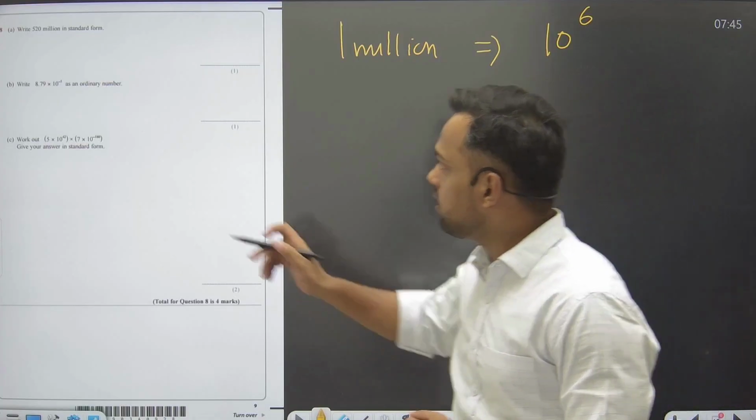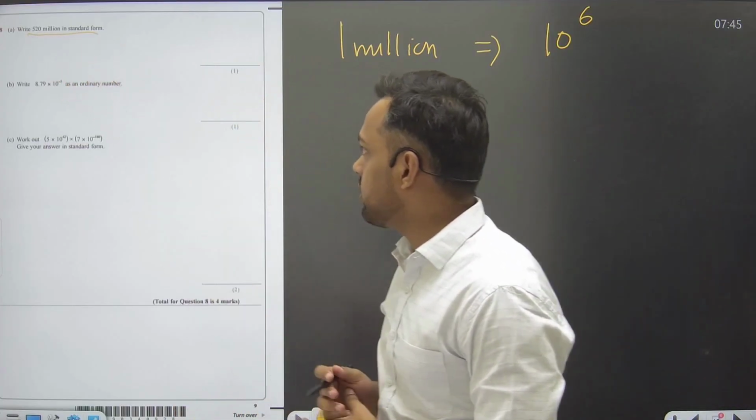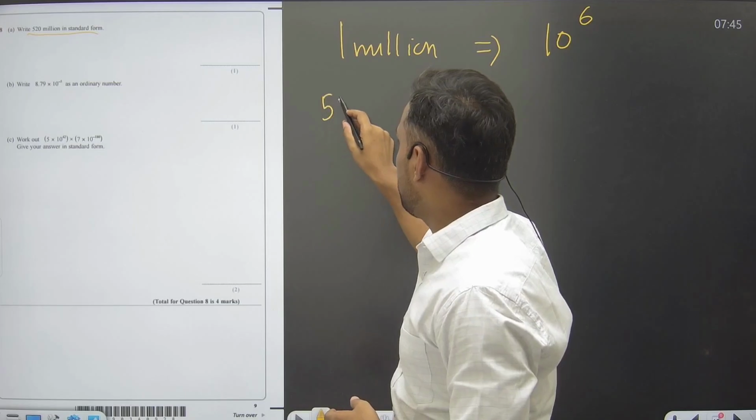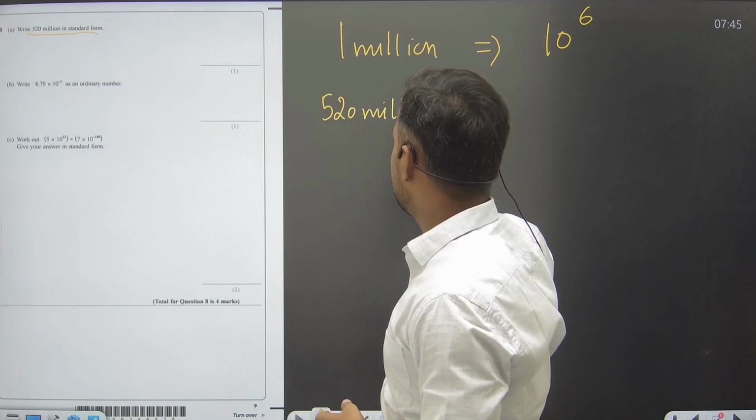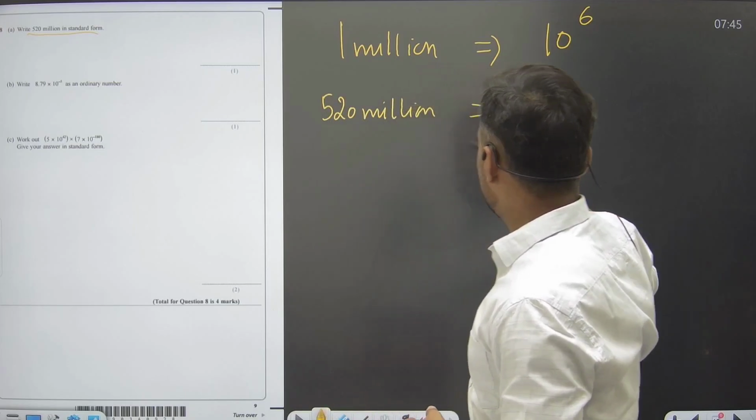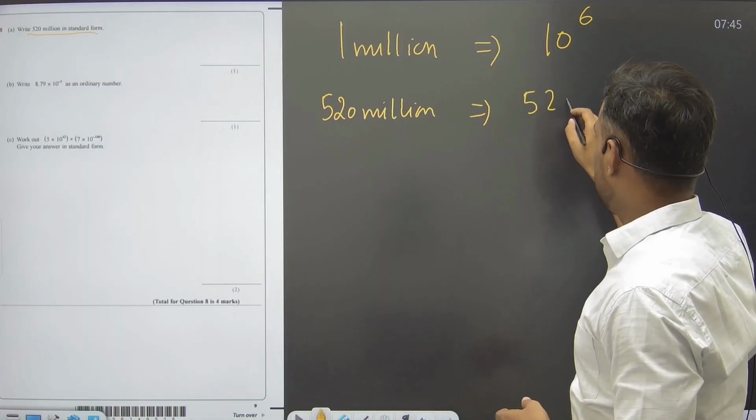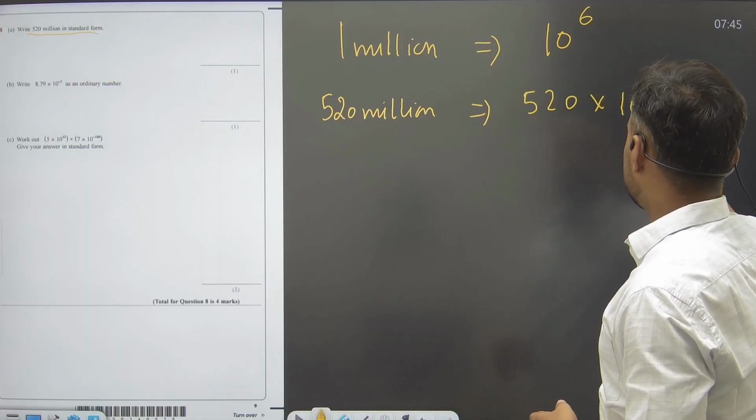Now for writing 520 million in standard form, 520 million will be 520 cross 10 to the power 6.